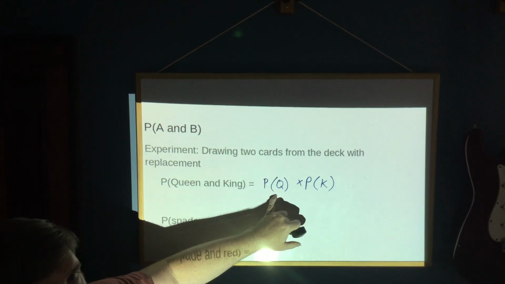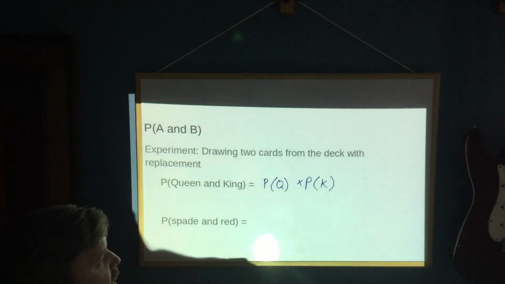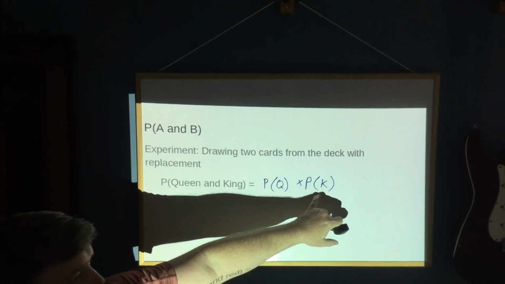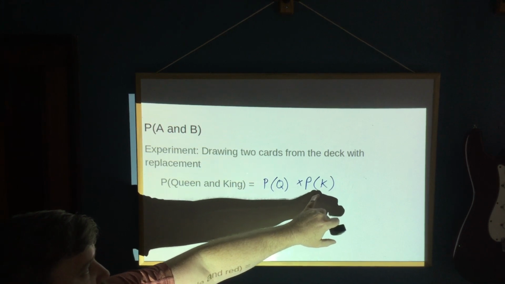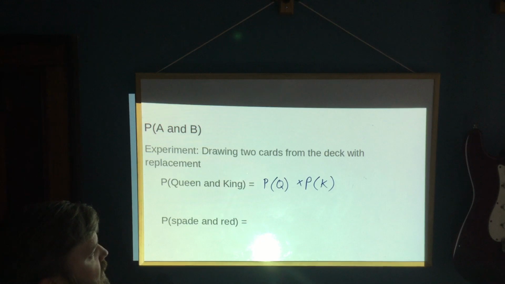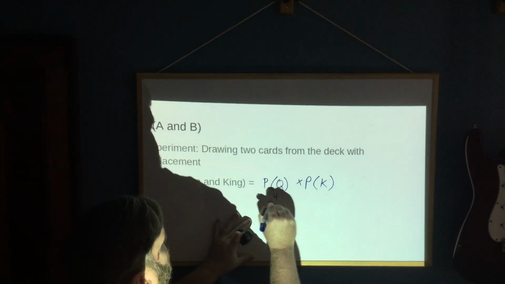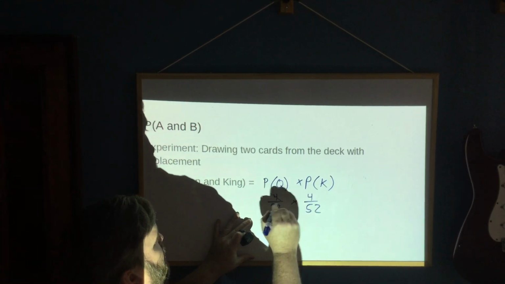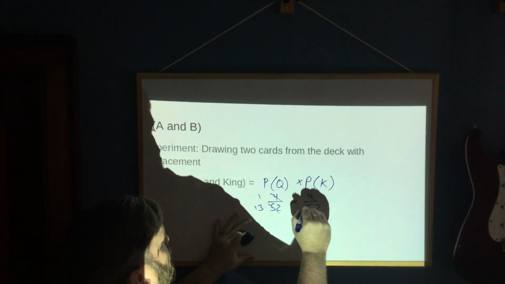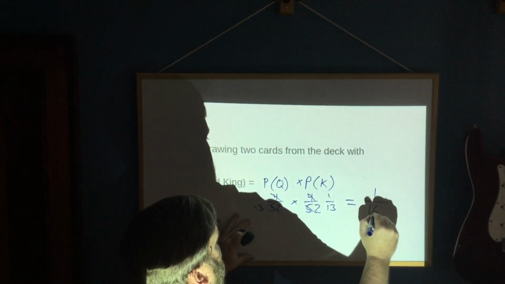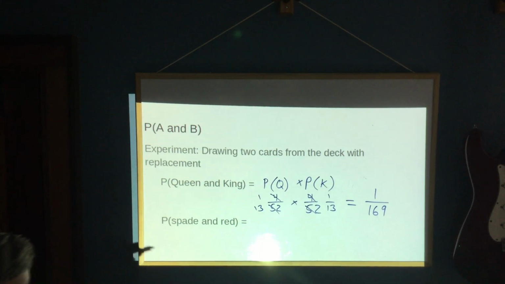If I draw the queen, put it back in the deck, it does not change the probability that I get a king. Right? The probability is exactly the same, so it doesn't matter if this happens or not. So these are independent events. So this is going to be 4 out of 52 times 4 out of 52. That reduces to 1/13. That reduces to 1/13, and we get 1 out of 169. So the probability would be 1 out of 169.